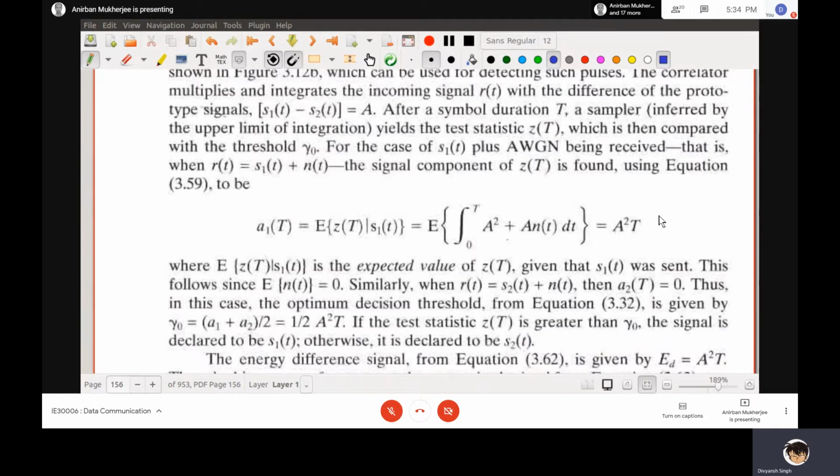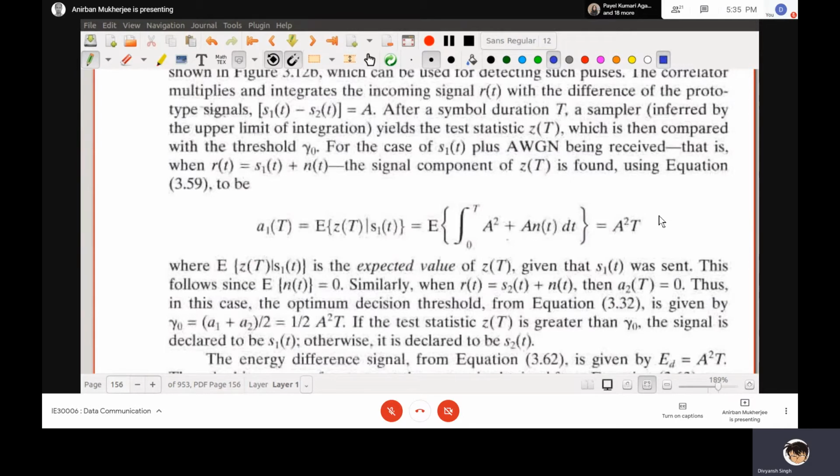Now I have to choose my gamma 0. First I am choosing my gamma 0 here so that my probability of bit error will be minimum in this way. Otherwise, if I don't choose this gamma 0 at this point, say I choose it somewhere arbitrary here, then what will be my probability of bit error? This portion and this one.